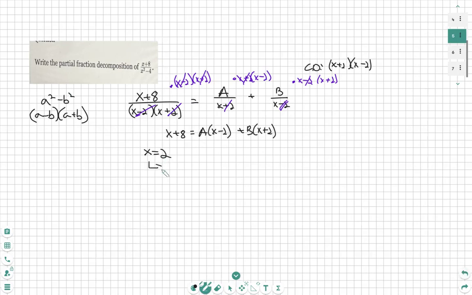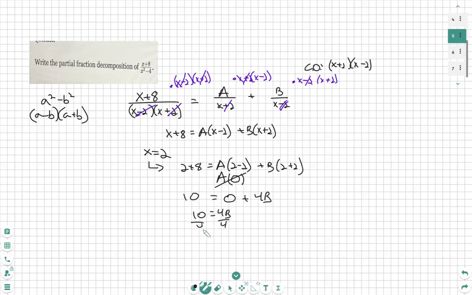When x is equal to 2, we have 2 + 8 on the left side, A(2 - 2) + B(2 + 2). 2 - 2 is 0, and anything times 0 is just 0. This will turn into 4B, and this will turn into 10. So we have 10 is equal to 4B, divided by 4, B is equal to 5/2.